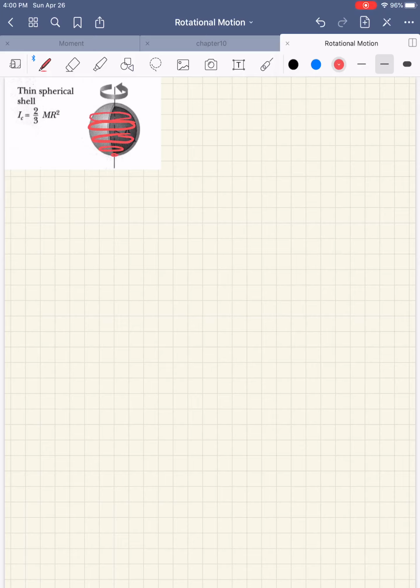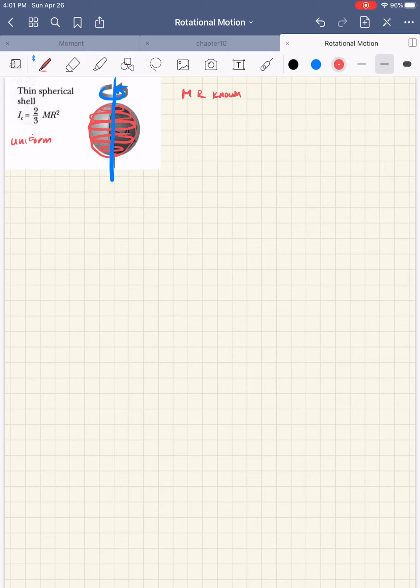Right? A thin shell can be thought of if you stack a bunch of rings. So if I know the moment of inertia, so here's the axis of rotation. So these rings are all centered on the axis of rotation, and so is the thin spherical shell. It's through its center of mass. And again, this is a uniform thin spherical shell of mass m and radius r. So m and r will be known quantities, that's all we need to know.